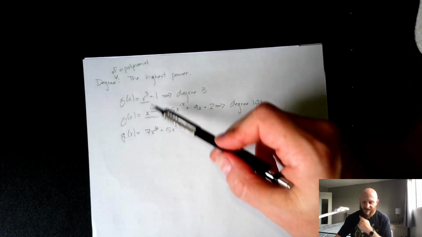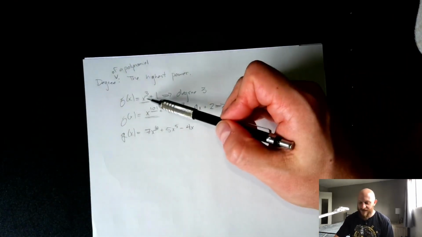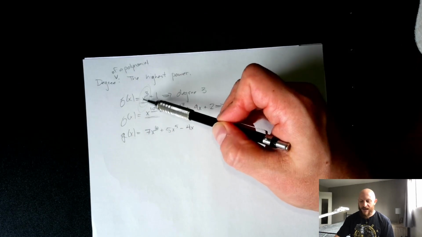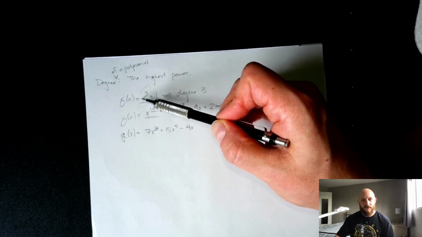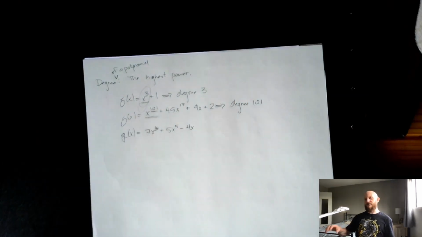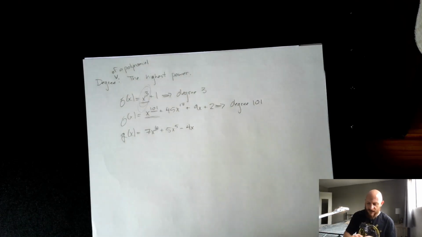And again, it all is going to reduce. If it's an odd power and there's a positive coefficient, then as x goes to infinity, that function goes to positive infinity, and as x goes to negative infinity, that function goes to negative infinity.